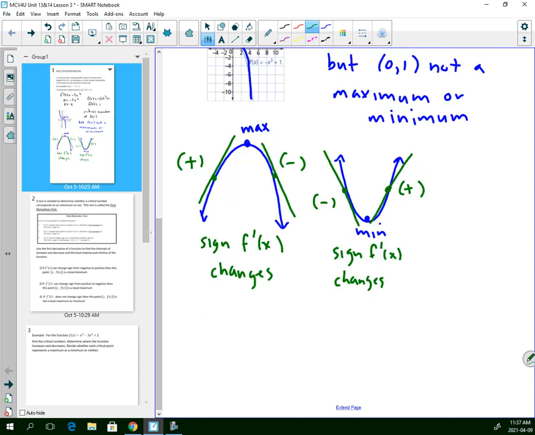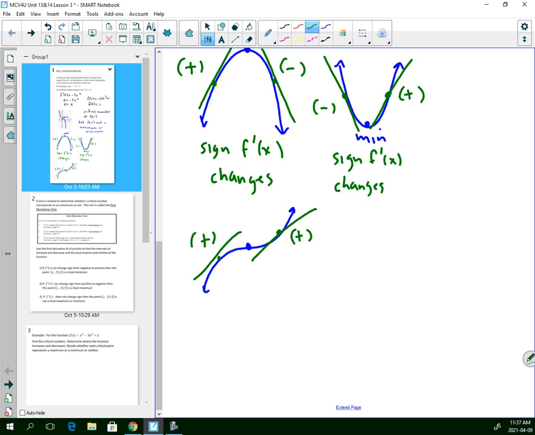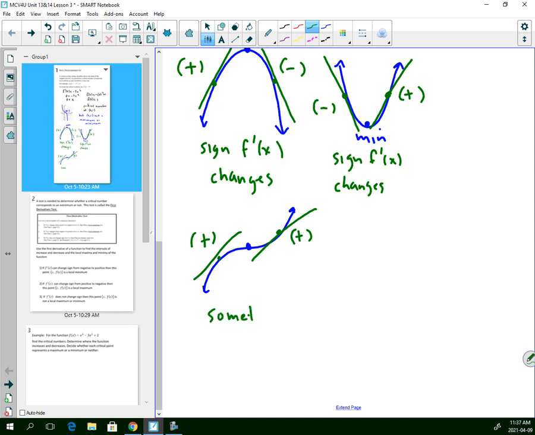But we can also have graphs like the one we just did, where maybe we have a graph that looks like this. And we determine a critical number, but on here, the slope of the tangent is positive, and on this side of the critical number, the slope of the tangent continues to be positive. So sometimes at a critical number, the sign does not change, and it is not a maximum or a minimum.